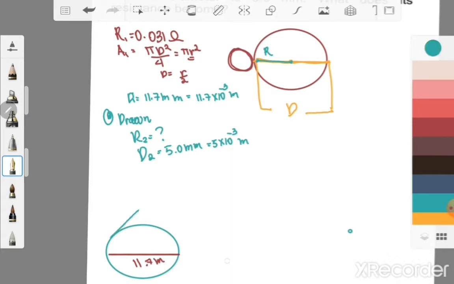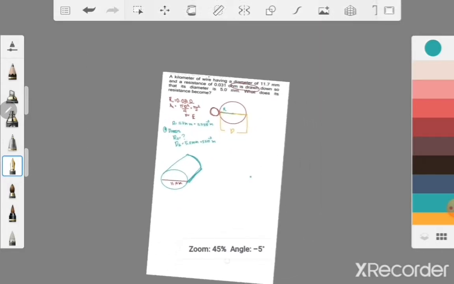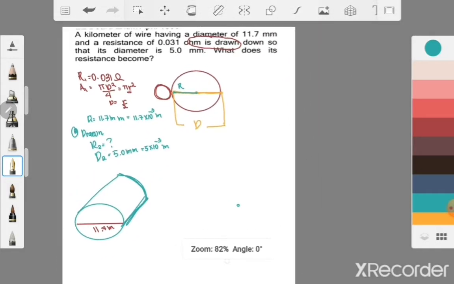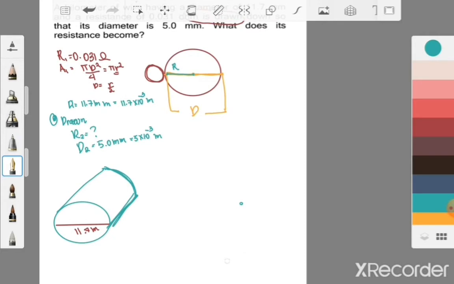Okay? That is our first wire. But it was drawn into a smaller wire which has a diameter equal to 5 millimeter. Okay? Ayan.